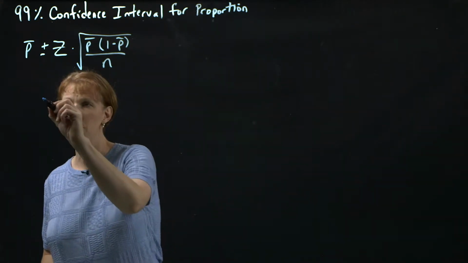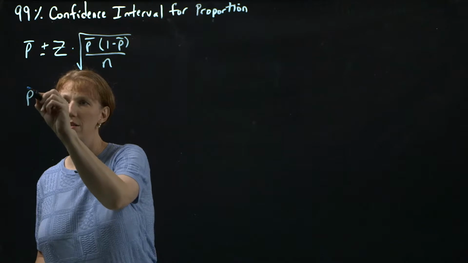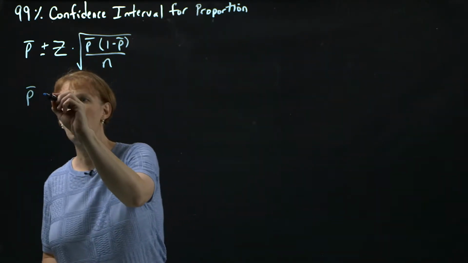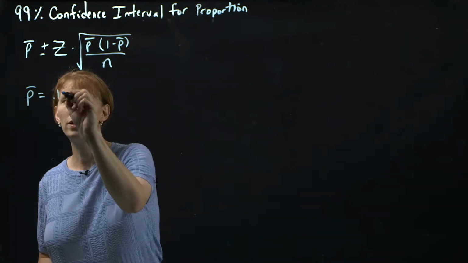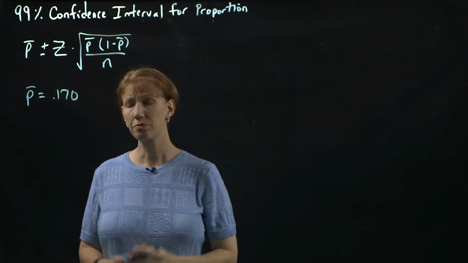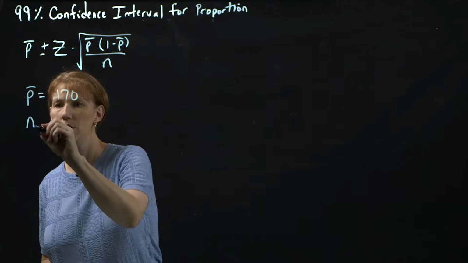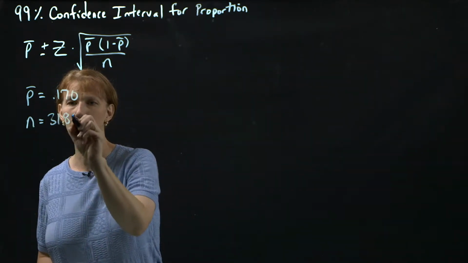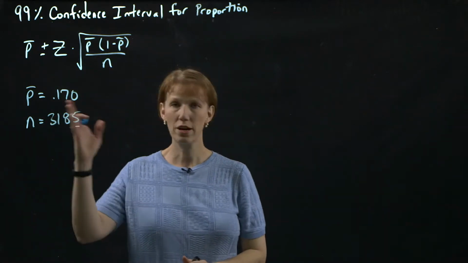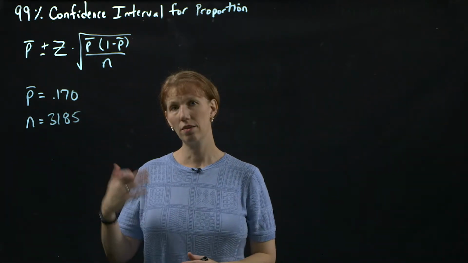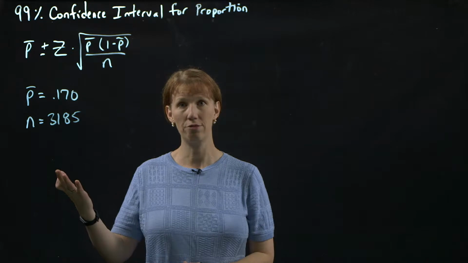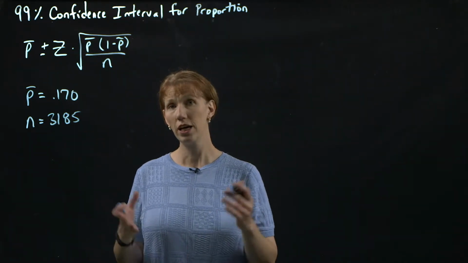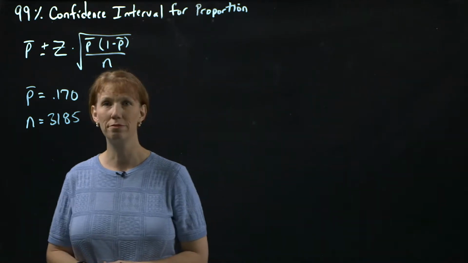Specifically, in this example, we know that the sample proportion of beneficiaries that smoke is equal to 0.170, and we know that the sample size is equal to 3,185. We constructed P bar by taking the number of smokers, which is 540, divided by 3,185 in order to get the sample proportion.